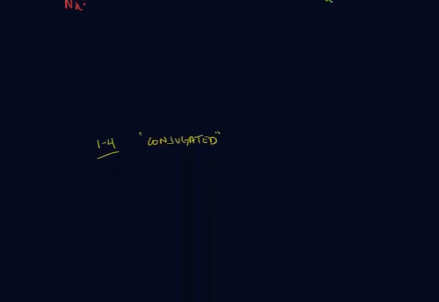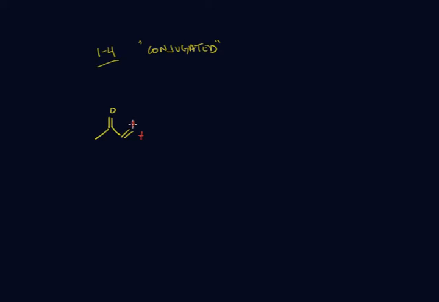Another possibility is the 1,4 addition. The 1,4 addition is also called conjugate addition, if you see that terminology. But you start with that unsaturated carbonyl group, and you've got this partially positive charge as well on this beta carbon. Remember that the beta one is the one farthest from the carbonyl group. This is the alpha carbon.